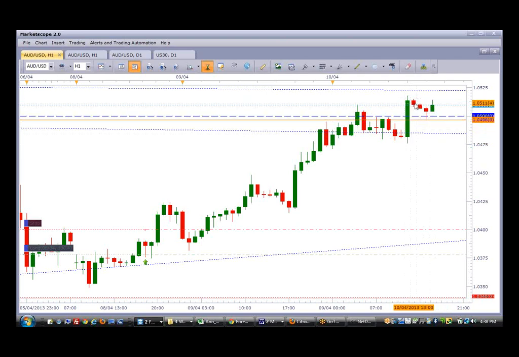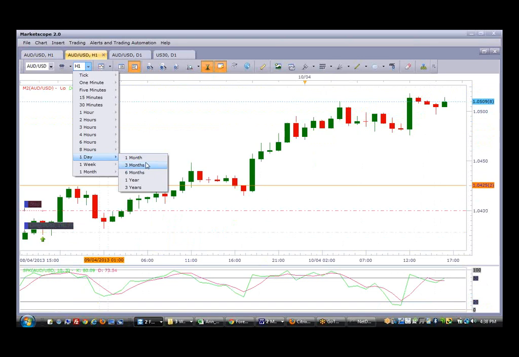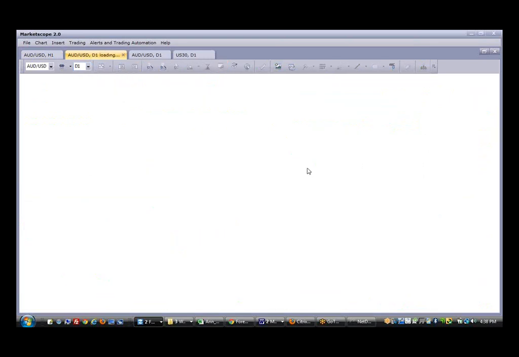Another stabilization here, a correction as well, and then more push on the 1-hour chart. So the Aussie against the dollar is very strong at this stage, which is good for us.